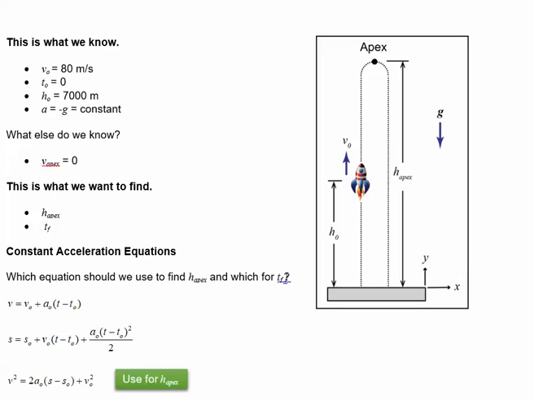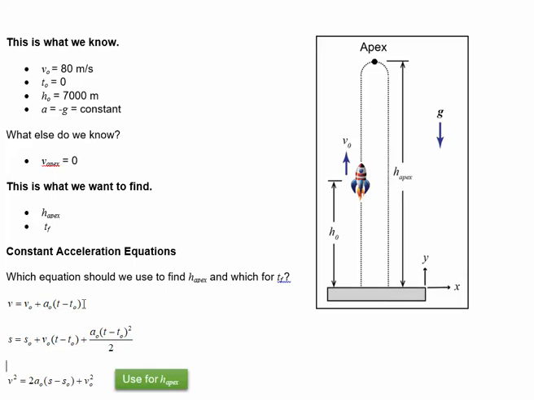All right, what about the final time? After we find the height at the apex, we know the heights. We know that that is the height that we solved for, and we know also that when the rocket comes back down to the ground, the height is 0, because that's where I've set my 0. Well, the first equation, we could use it, but we don't know the velocity at the ground.